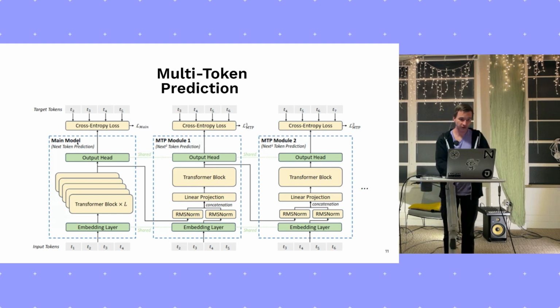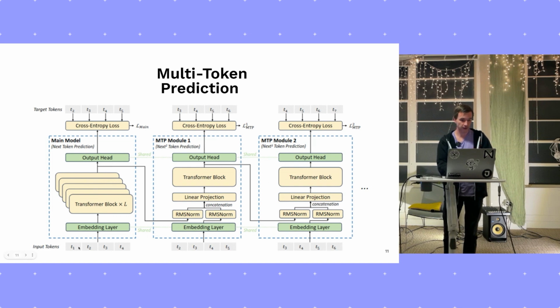So it makes sense to reuse this expensive computation. On this picture, something to pay attention to is that in the leftmost block, there are L transformer blocks, L layers, and L is a pretty high number, between 60 and 90. But in the second and the third block here, there's only one transformer block.